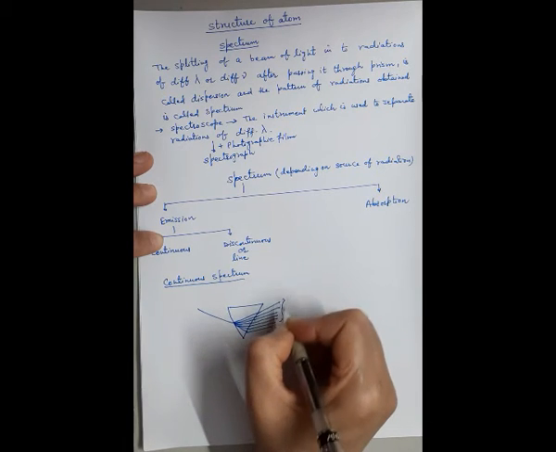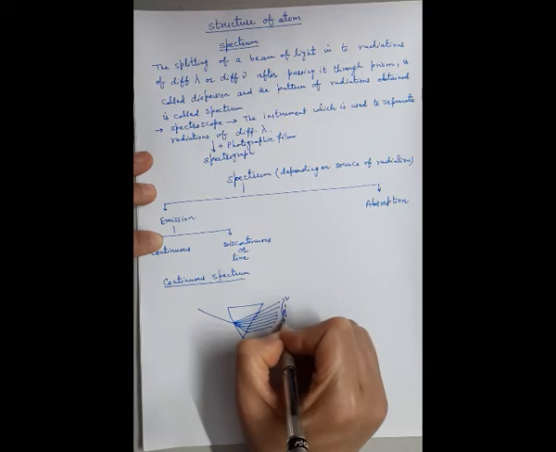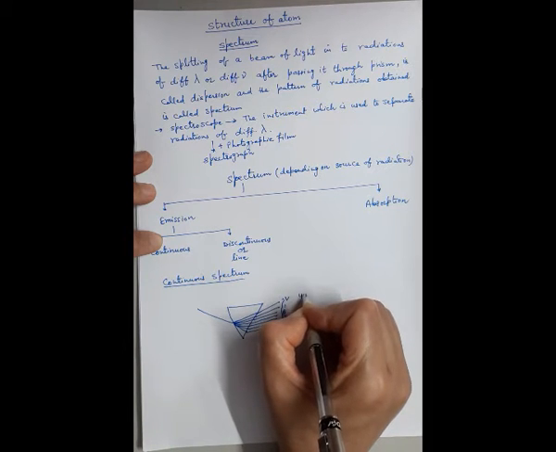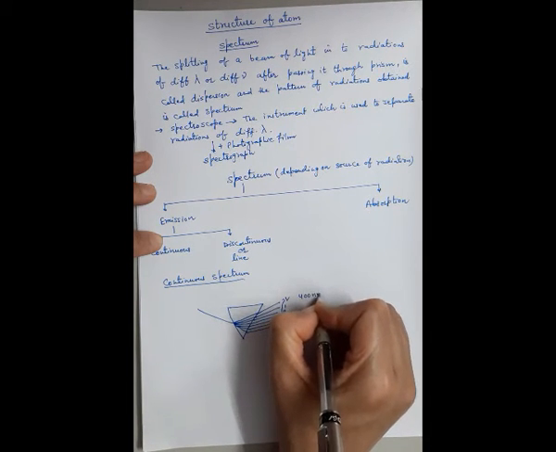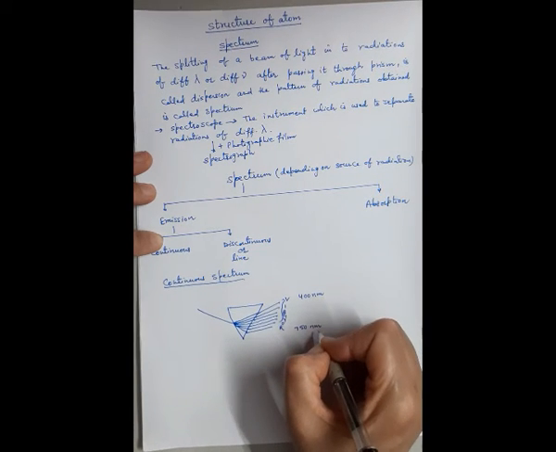You might have noticed that you get here VIBGYOR. And what is the range of their wavelength? Generally, it is from 400 nanometer to 750 nanometer. This is the range of wavelength for visible region.